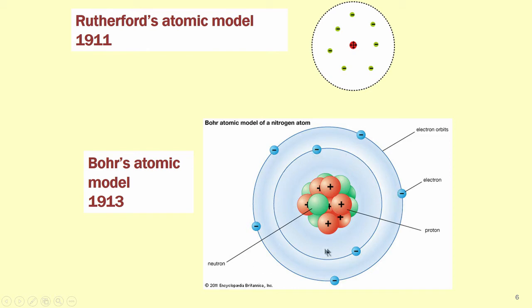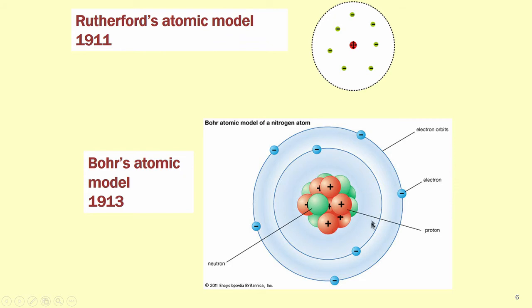These electrons are going round and round the nucleus in fixed paths, and there may be more than one electron in a particular path. There are a number of shells or energy levels, and each electron moves in a particular orbit.